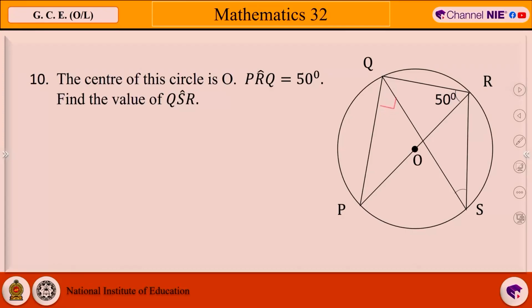Yes, you know that PQR angle equals 90 degrees. Why is that? That is the angle in a semicircle. Then QPR equals 40 degrees, is it? Yes, because sum of the interior angles of a triangle equals 180 degrees, no? So, you can easily find the magnitude of QPR equals 40 degrees.